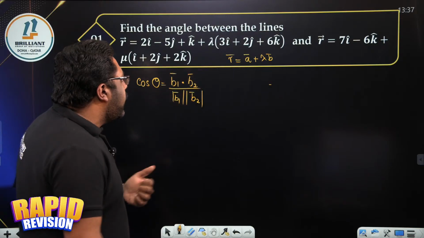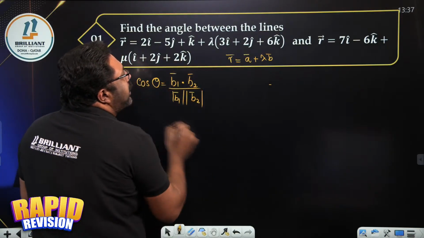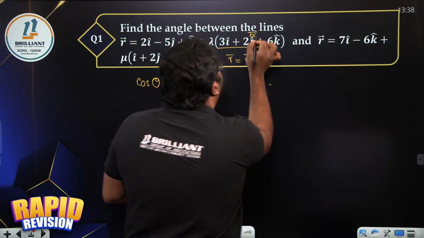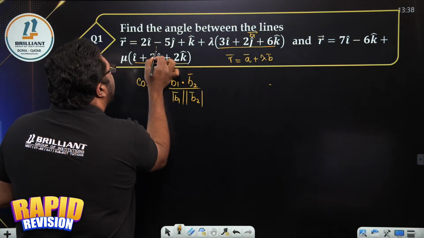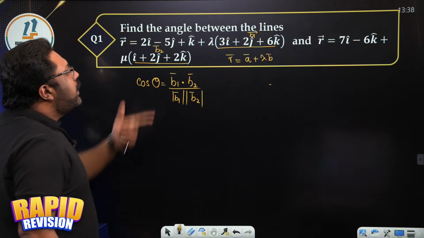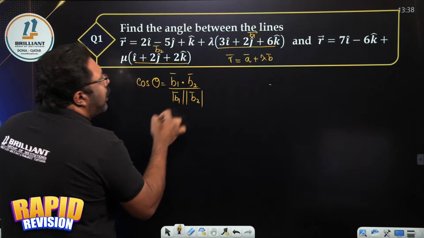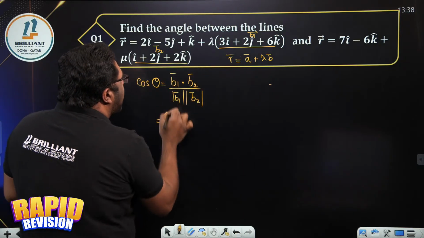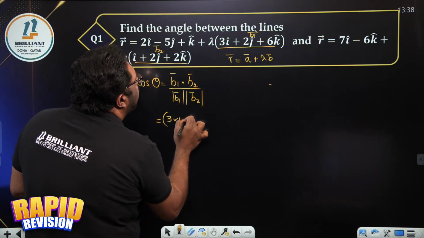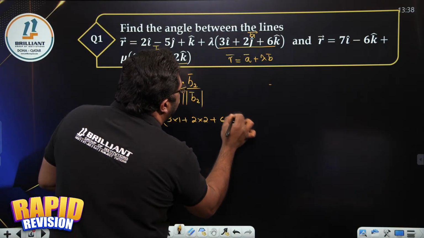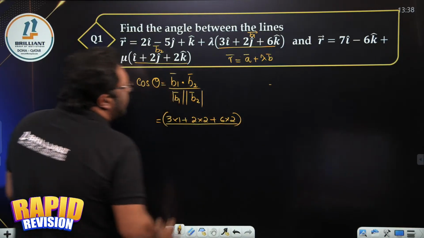So from both the lines, I know what is b1, I know what is b2, so this is what we call b1 vector and this is what we call b2 vector. Just use them, b1 dot b2. How to find the dot product? Already we have studied this. 3 into 1 plus 2 into 2 plus 6 into 2, the dot product between two vectors.